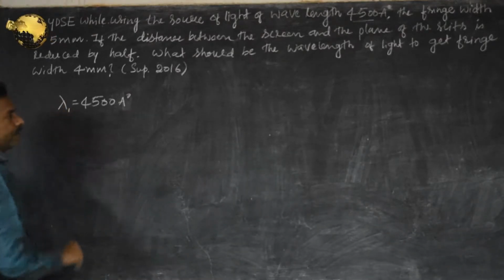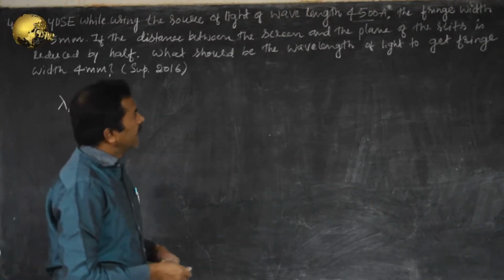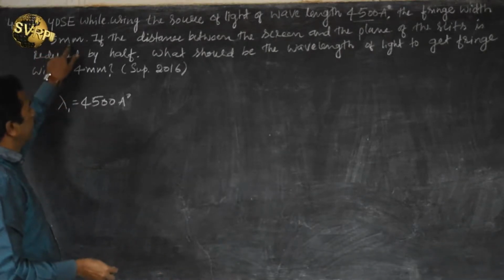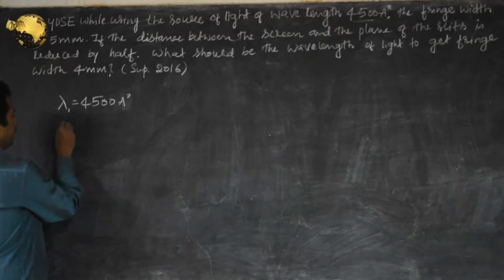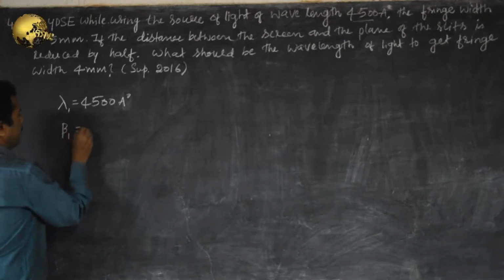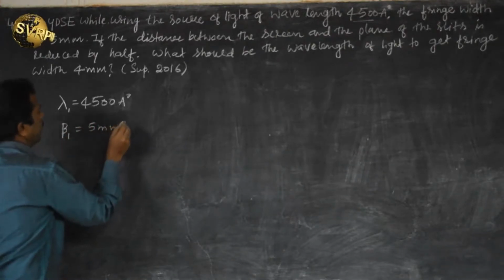The fringe width is 5 millimeter. Beta 1 is equal to 5 millimeter.